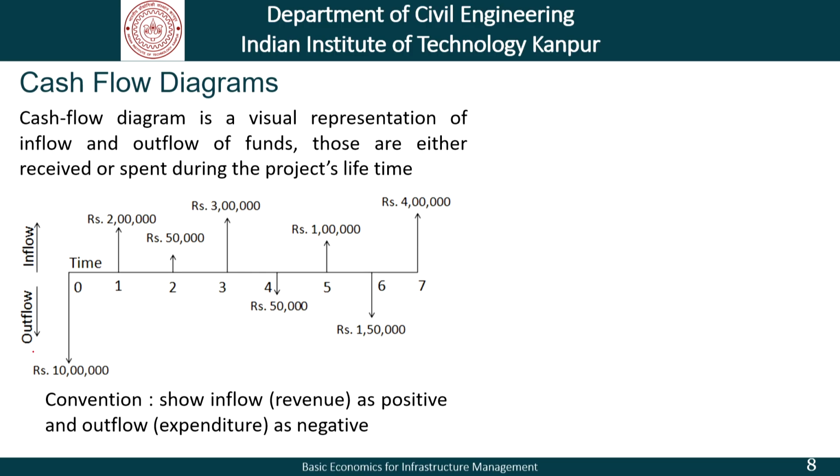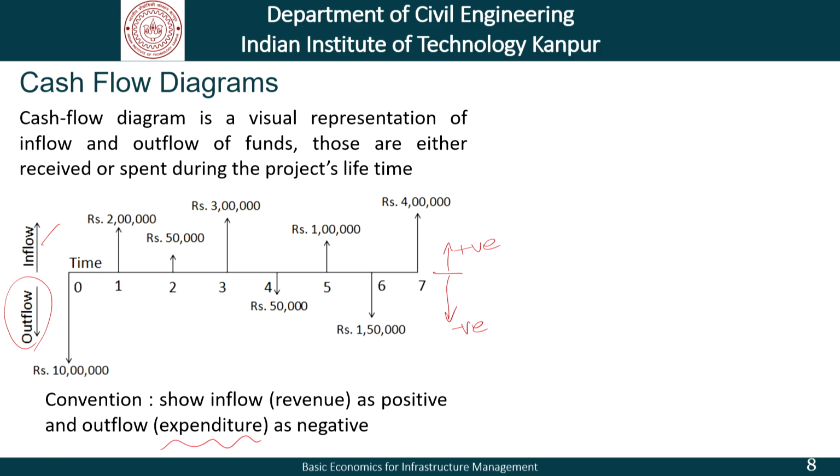That is, this part here is the outflow, it's like expenditure, and it is shown below this line, which is typically designated as negative. And this side is the revenue, which is inflow, and that is designated as positive. So, this is the kind of convention that we followed.